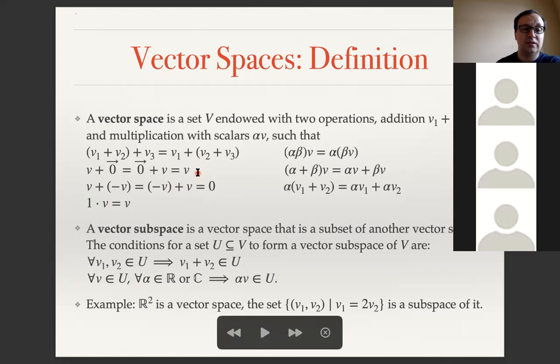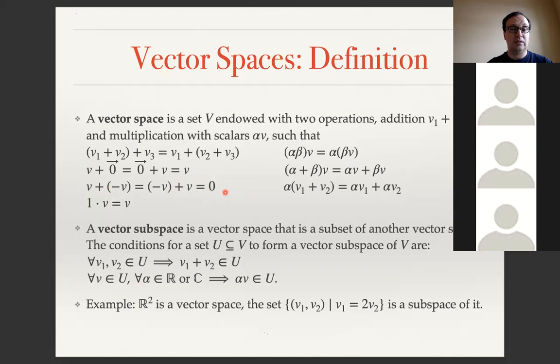It has the zero element, so the zero vector is the neutral element for addition. Every vector has an opposite. And I should have also written that it's commutative: for any two vectors v1 and v2, v1 + v2 = v2 + v1.